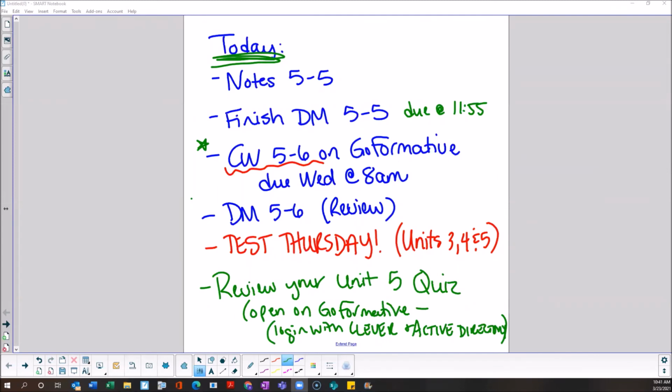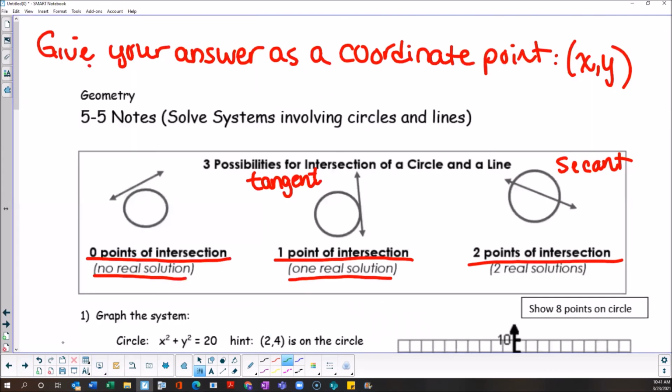Okay, so let's go ahead and look at the notes for 5.5 and do some of those problems. I'm going to jump around a little bit, because some of the problems on these notes are much harder than you're going to have to know for Thursday. So I just don't want you to stress out too much and think, oh my gosh, there's all this algebra.